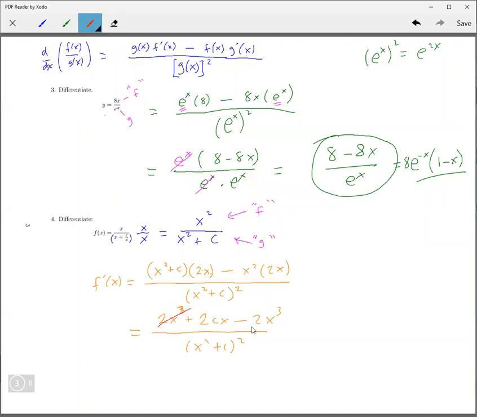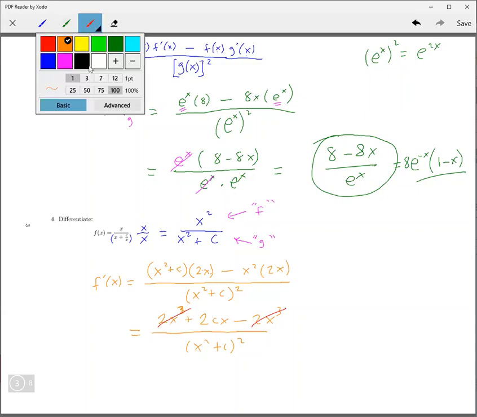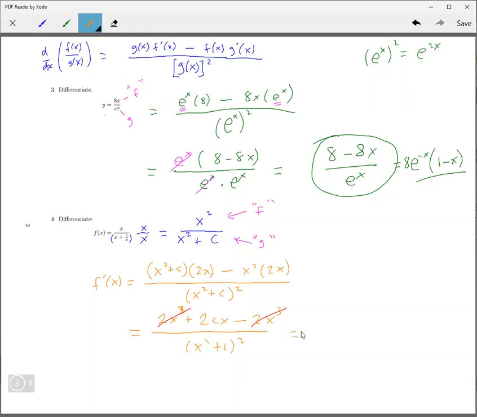Yay, that's my favorite part. Those cancel, and we end up with just 2cx over this x squared plus c quantity squared. Okay, great. That's number 4.